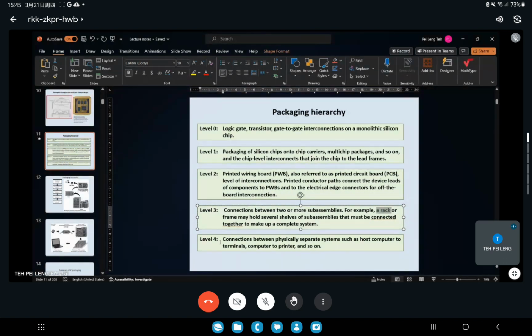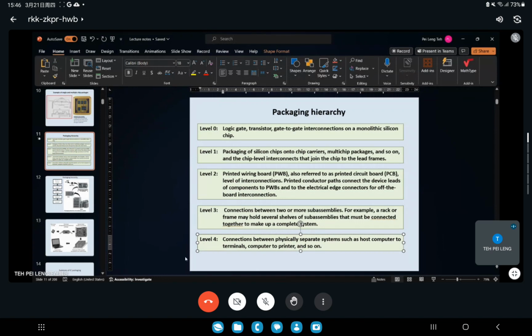This is level 3. Level 4 is when you have this complete system and you need to connect with others. For example, your workstation: you need to connect to a computer and a printer to make it into a full system.